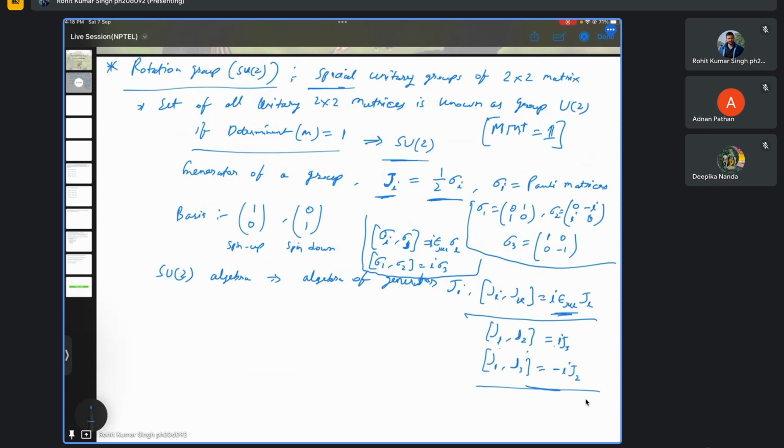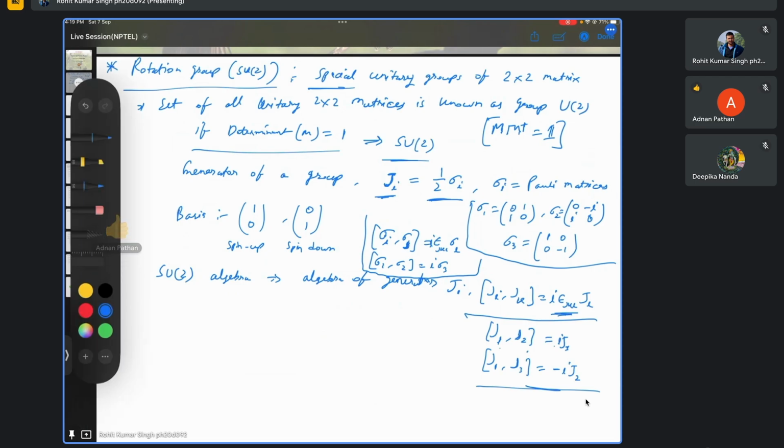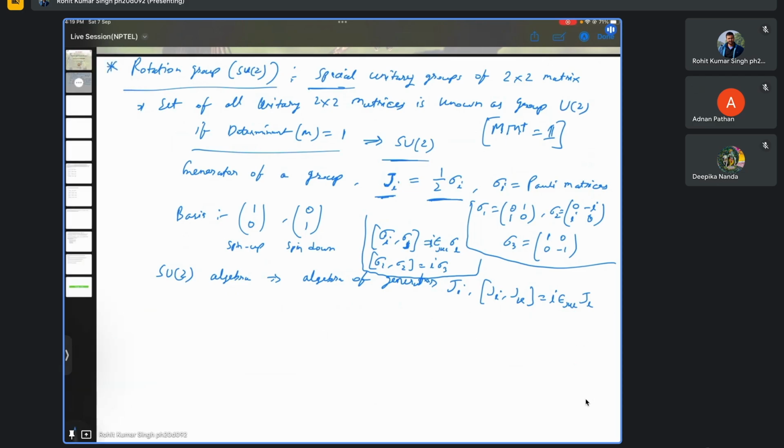Now, this is what we call the algebra of the generator. These are just terms, if you read any books, so that you have some idea what is meant by the algebra of a group. So algebra of the group is just the algebra of the generator, which is this thing.